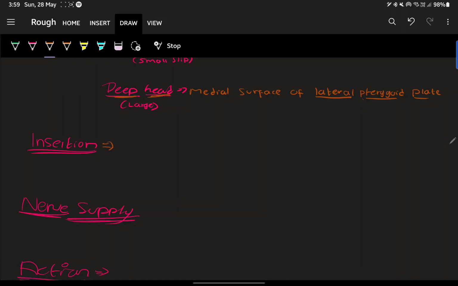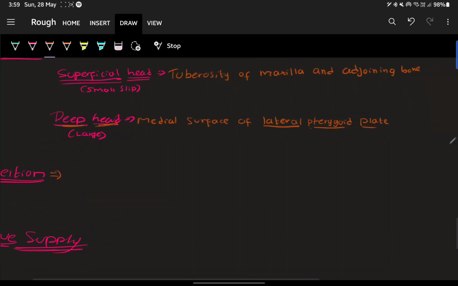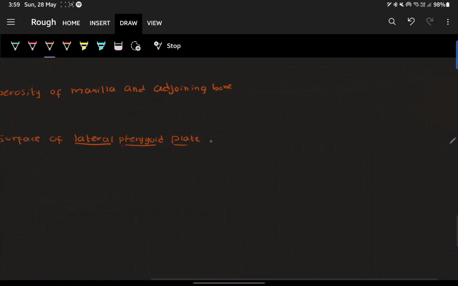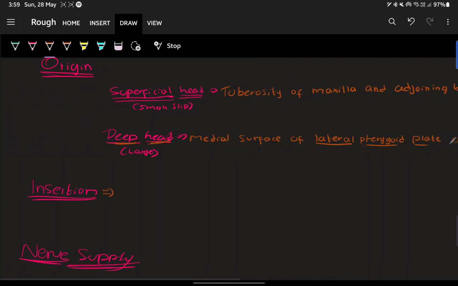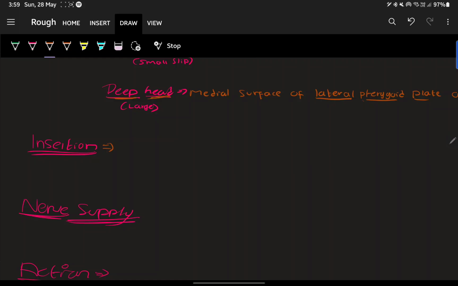So the insertion. Up here, I forgot to mention medial surface of lateral pterygoid plate and adjoining process of palatine bone. And the insertion is into the roughened area on the medial surface of angle and adjoining ramus of mandible.